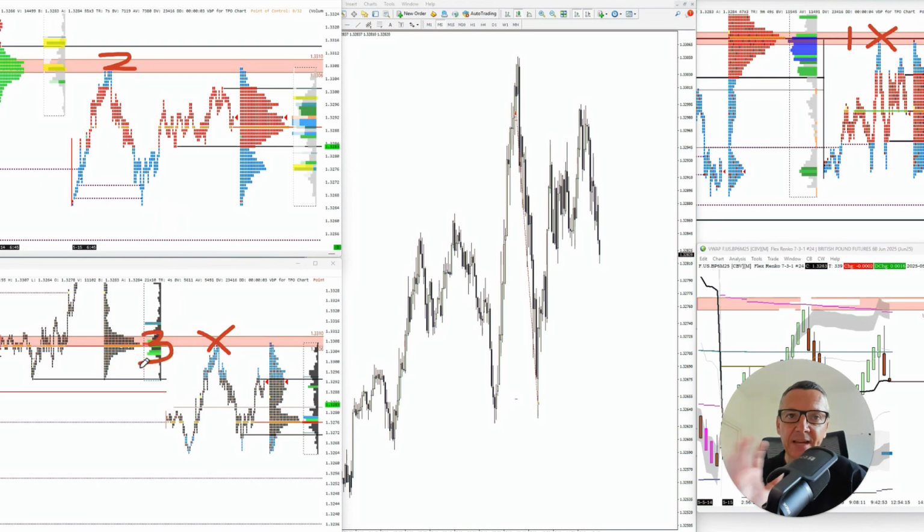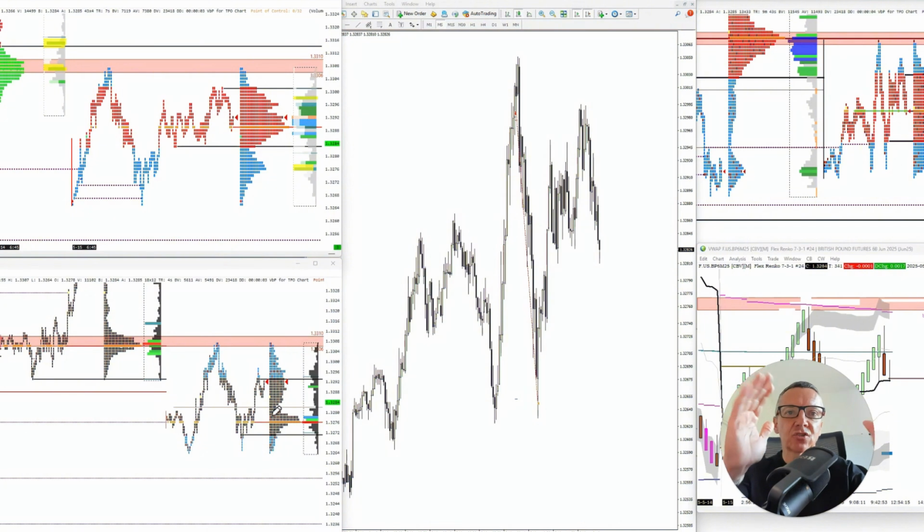And for me to take a trade I only actually need two confluences. Not only did I have the TPOs lining up, so daily supersedes the lower time frames. So if I have something that crosses over from the daily onto the smaller time frames, that is where I'm looking to take a trade.